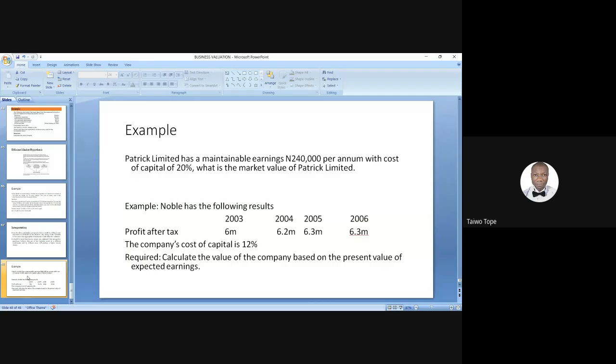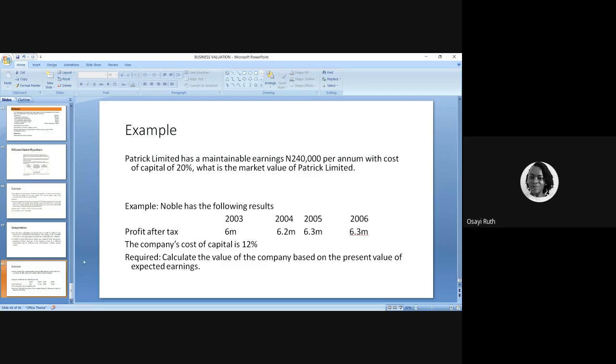First, determine the growth rate. Now you have how many years here? 4 years. What will now happen when you are using the Gordon's approach?